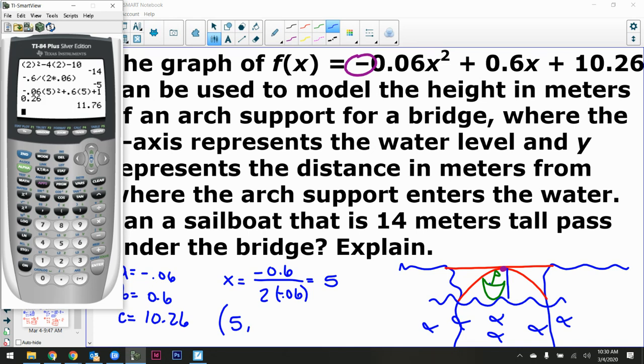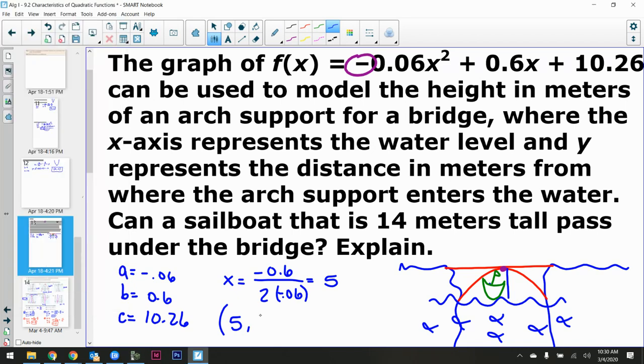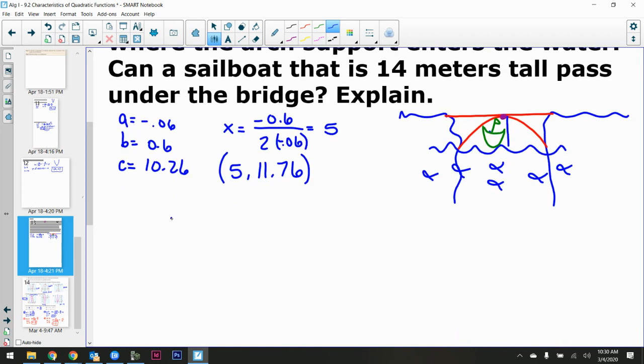Uh-oh. Will the boat fit? No. Right, this is 11.76 meters tall, right? My boat is 14 meters. I've only got a space there that's 11.76 meters. So will my boat pass through? No. The boat will not fit.